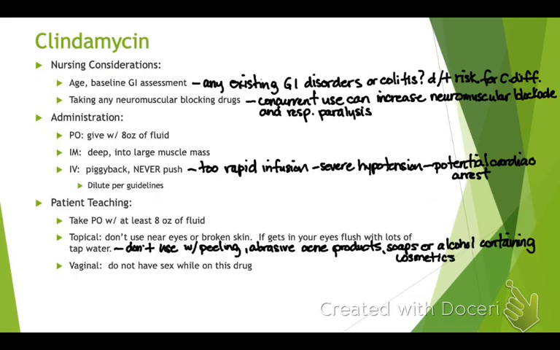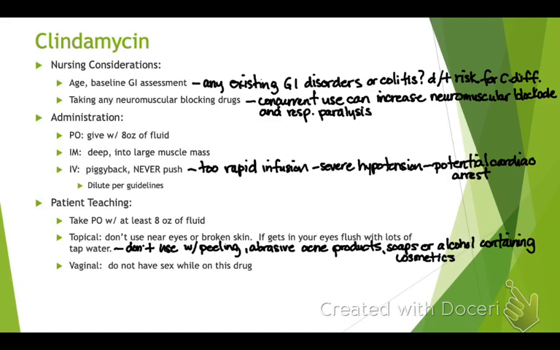Nursing considerations with clindamycin: you want to check age and do a baseline GI assessment. So you want to make sure you check for any existing GI disorders or colitis due to that risk for C. diff, and also whether they are taking any neuromuscular blocking drugs. Again, concurrent use can increase the neuromuscular blocking and respiratory paralysis.